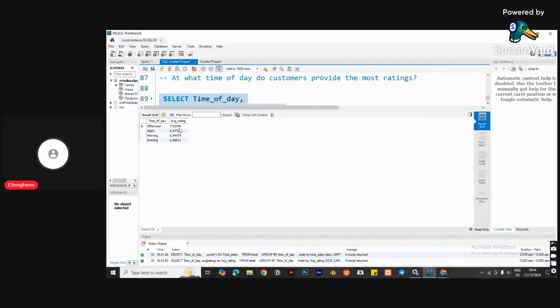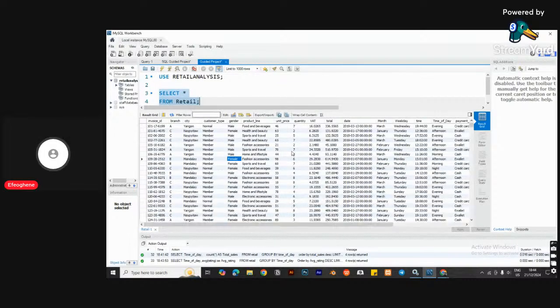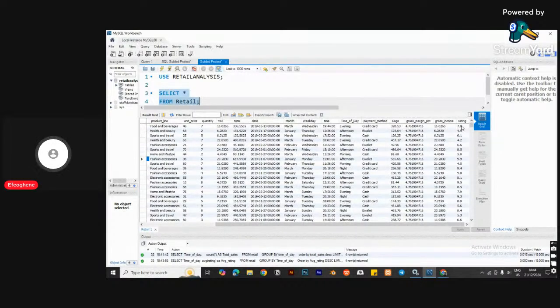So we have more ratings. Okay, if we use the average aggregate function, we have more ratings in the afternoon. So what this is doing is that it walks through the data set, all right, and checks all the rating per time of day.